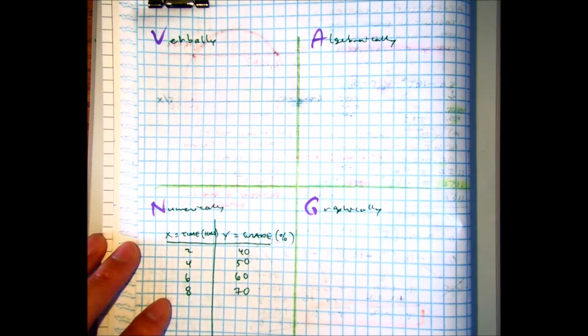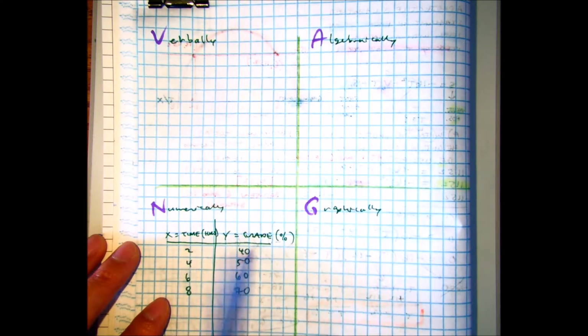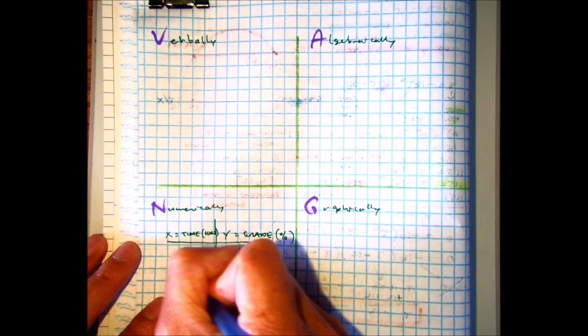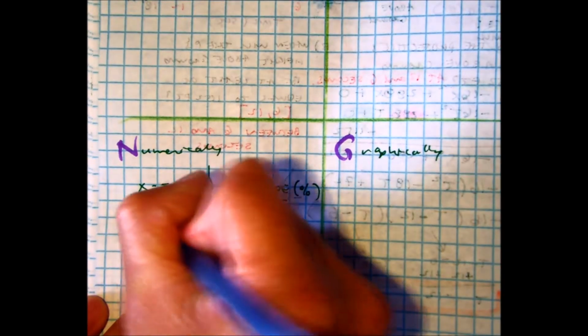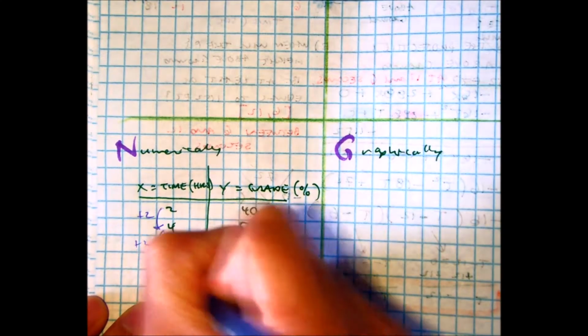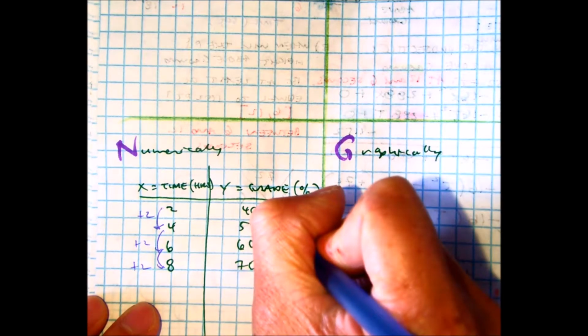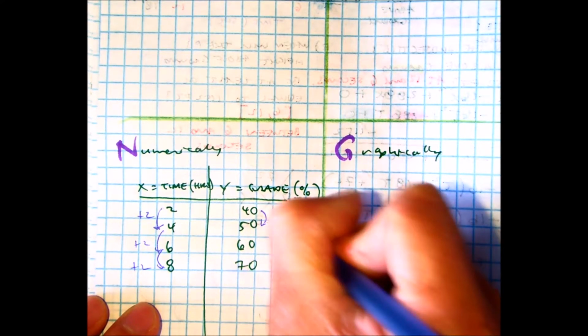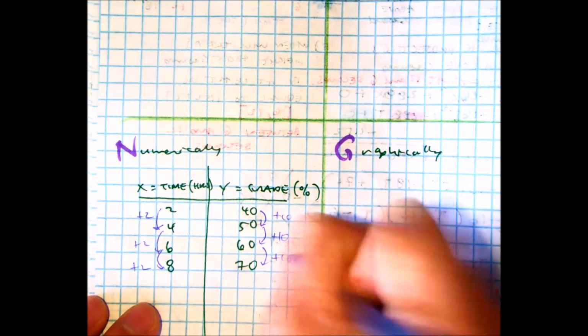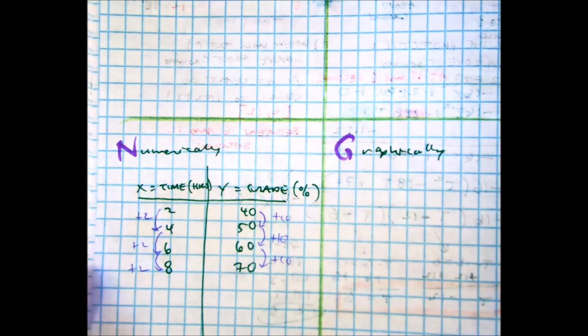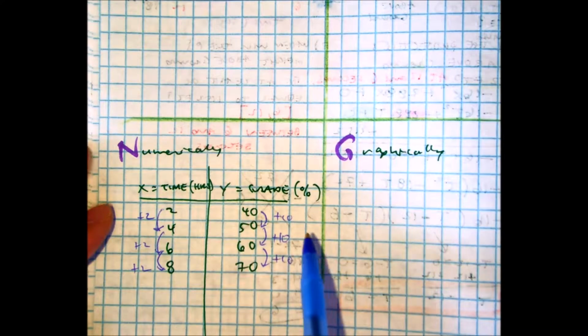So I could find slope by just taking the slope formula, or you can recognize that to go from 2 to 4, you have to add 2, and to go from 40 to 50, you add 10. And you learned previously that this is called your first common difference. Everyone say first common difference. First common difference. Raise your hand if you remember that. Good.